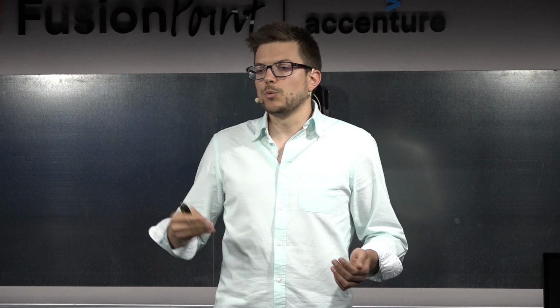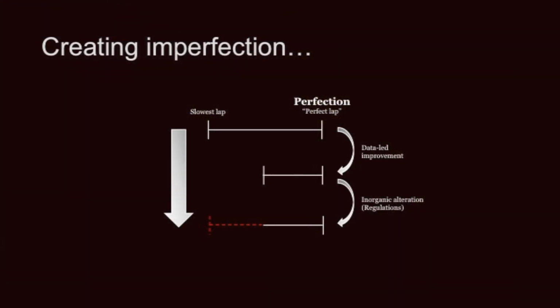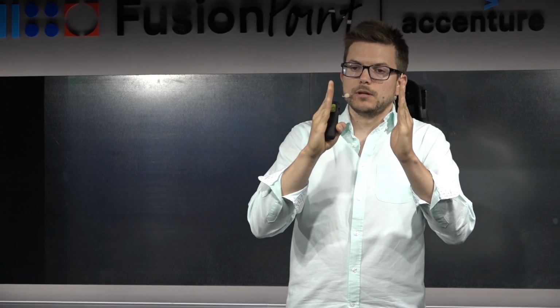Obviously, the industry is very aware of what's going on here, and what they've been trying to do is to inorganically change the sport. So if we imagine that we have a set of regulations by which we have the perfect lap and we have a slow lap, as teams use technology and data to understand how to improve, the gap between the best and the slowest has been decreasing, at which point the sport becomes boring.